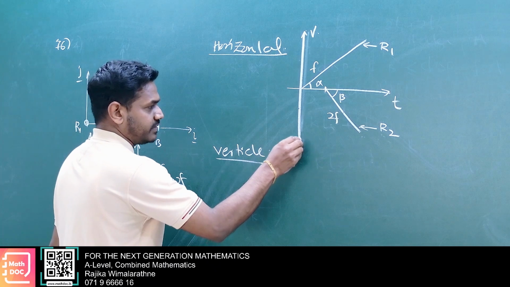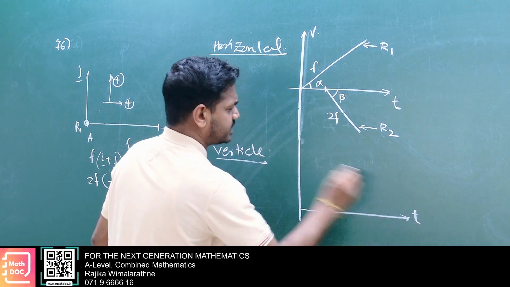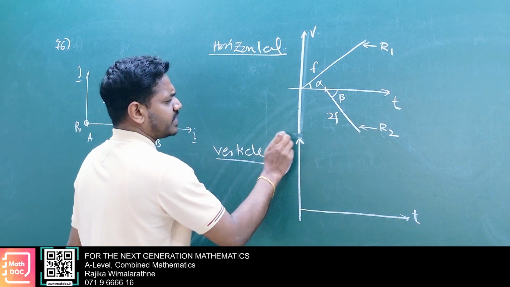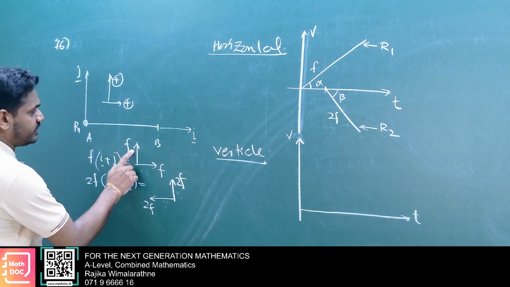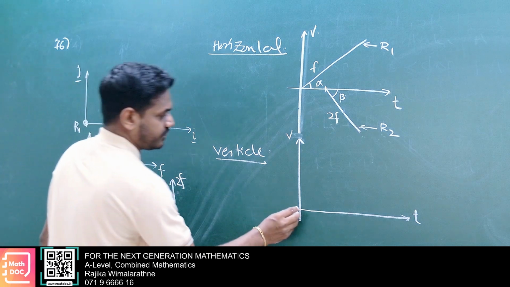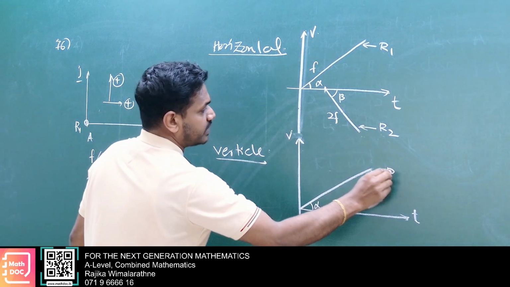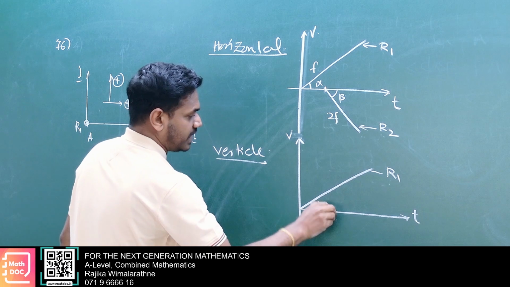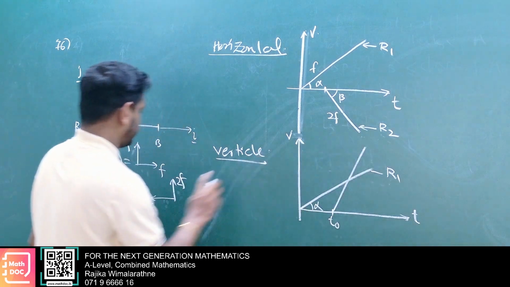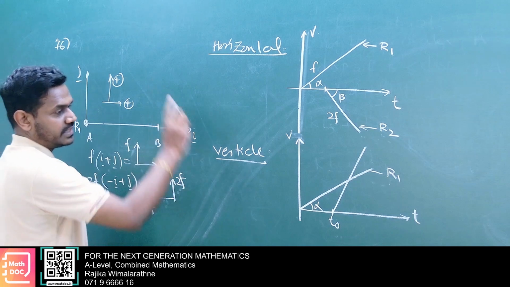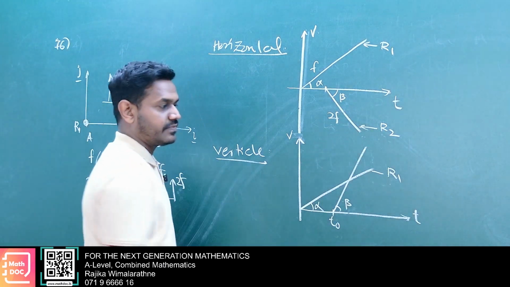Then vertical one: here time axis, velocity axis. Initial velocity 0, acceleration F, here R1. R2 rocket starts at T naught with acceleration 2F, same direction, angle beta.